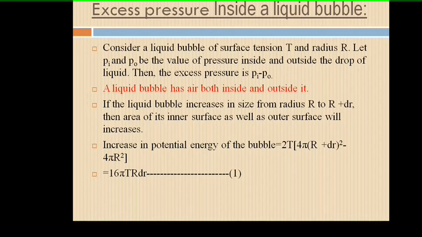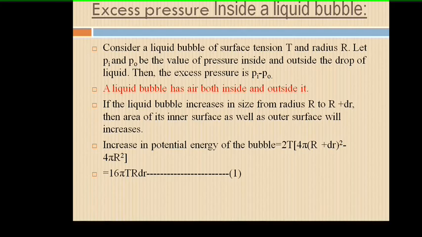That's why we are considering the increase in potential energy of the bubble is equal to twice T into 4 pi (r plus dr) square minus 4 pi r square.